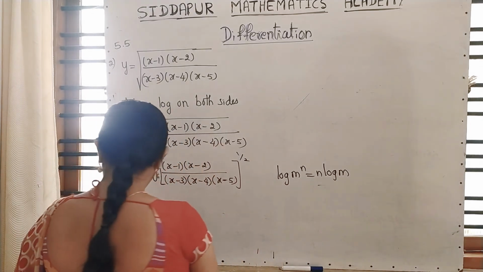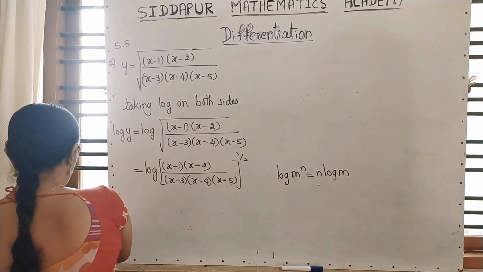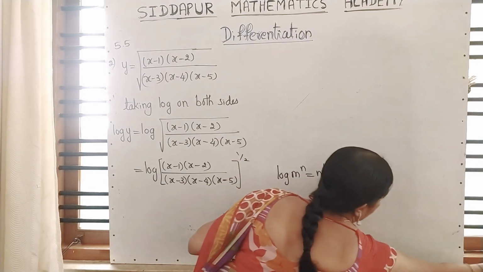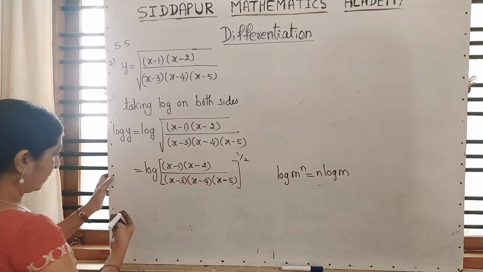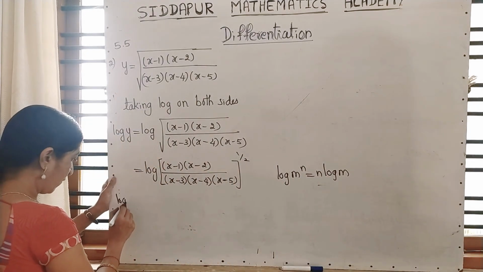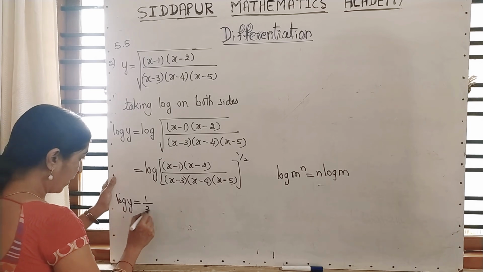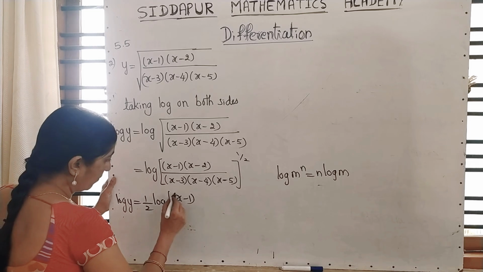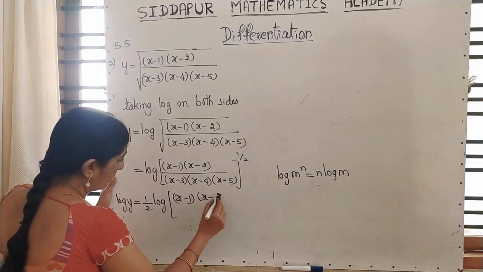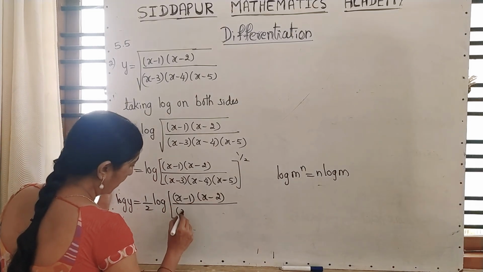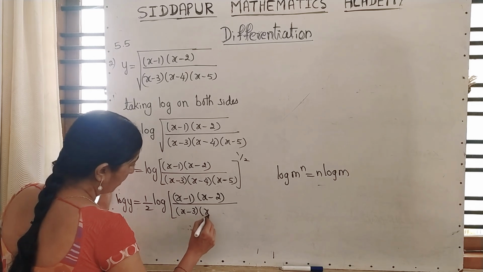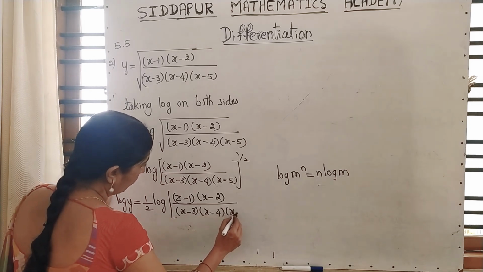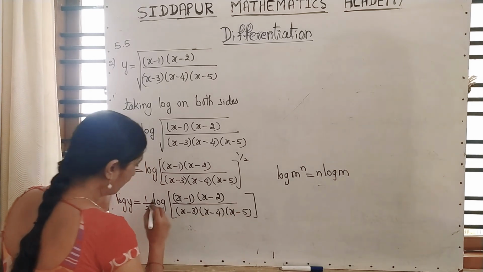Understood? So applying this property of log, log y is equal to 1 by 2 log of x minus 1, x minus 2 divided by x minus 3, x minus 4, x minus 5.